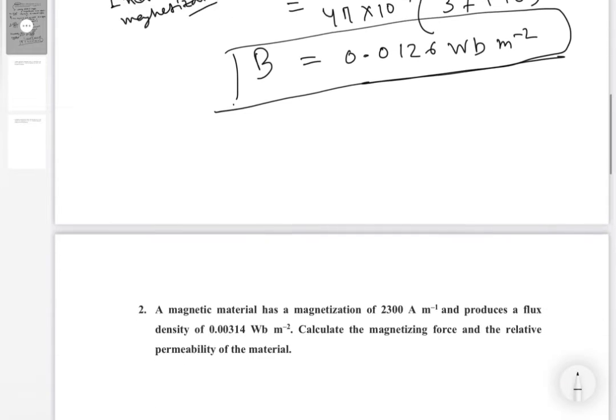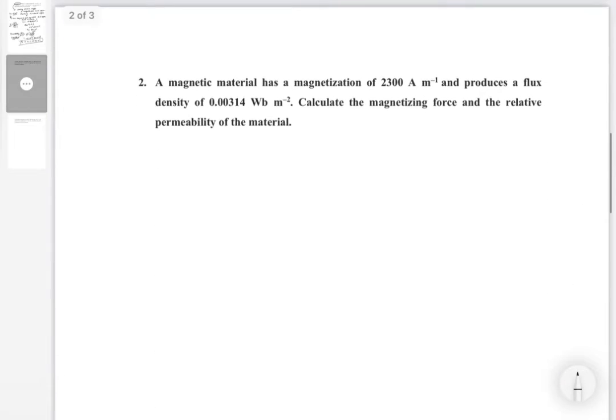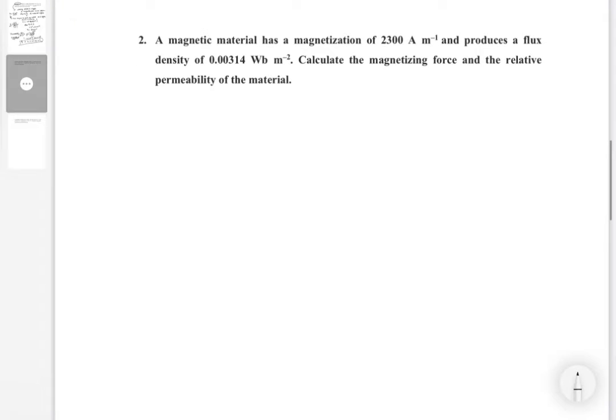Going to the next problem, a magnetic material has a magnetization of 2300 ampere per meter and produces a flux density. So B is given here, and this is the magnetization M given. We need the relative permeability.